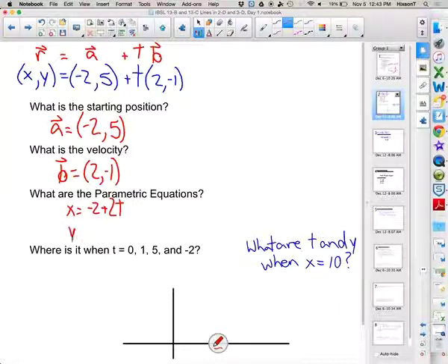And then we have y equal to 5 minus t. And you see what we just did: now we can break it down so we're just looking at the horizontal or we're just looking at the vertical.